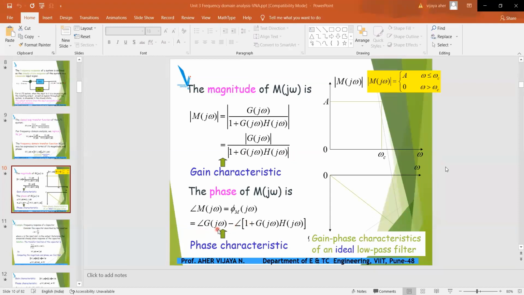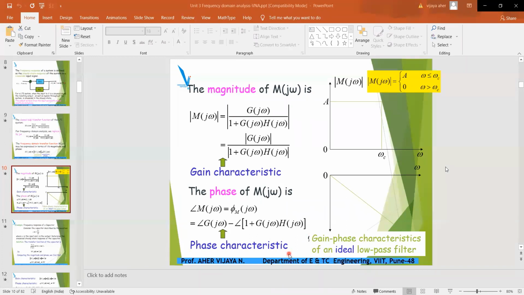So angle of G(jω) minus angle of this term, the angle of the bracket 1 plus G(jω) into H(jω), bracket complete. So this is how you have to take the angle. Okay, minus angle of 1 plus G(jω) into H(jω). Okay, got it? Now this equation is nothing but the phase characteristics of your transfer function.